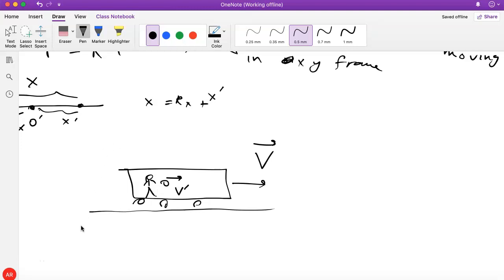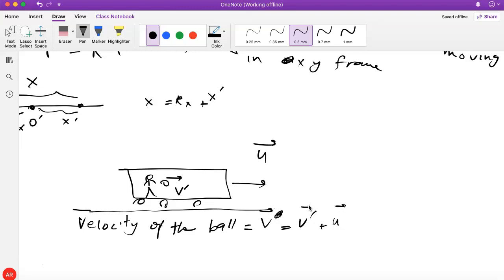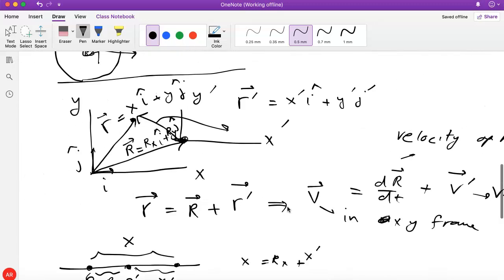So the train is moving with velocity, let's call it u. To an external observer, the velocity of the ball is v, which is v prime plus u, right? The train has moved forward by some amount, and the ball has moved forward even more than the back of the train. So these things add up. That was a side note.